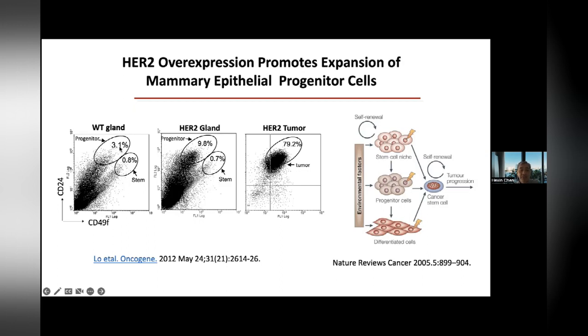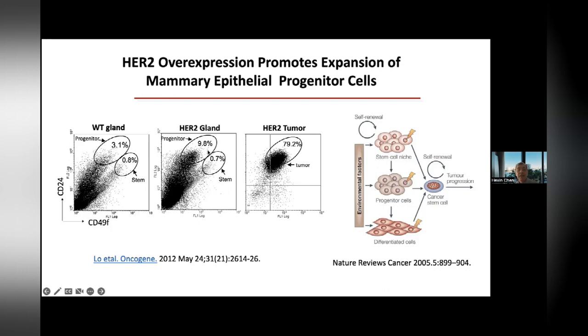There is a small portion of epithelial progenitor cells, only 3.1%. But in this pre-malignant stage, about 6 months, we found these HER2 transgenic mice have a large proportion of progenitor cells, but no expansion of the stem cells.